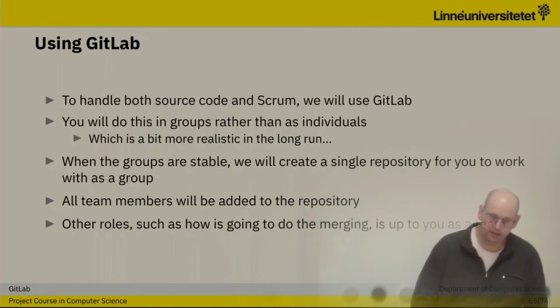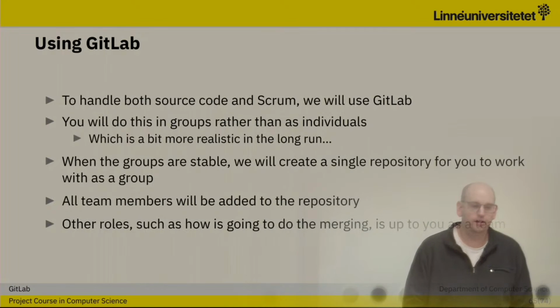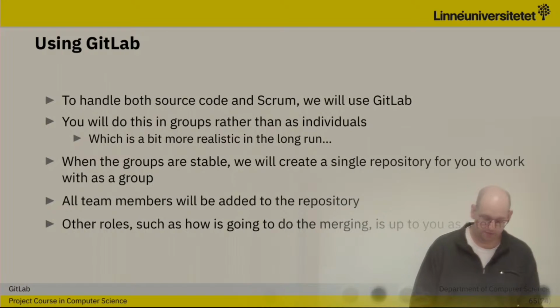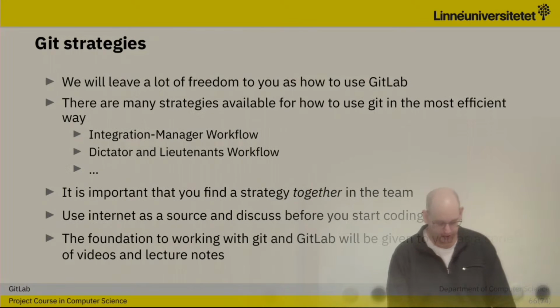So basically, what we are going to say just a few words about here is the work you do in order to not mess up the source code, and how to use Scrum as a tool in GitLab.